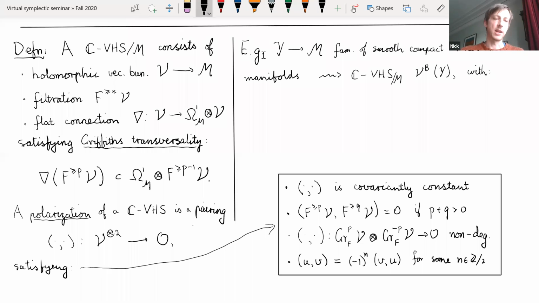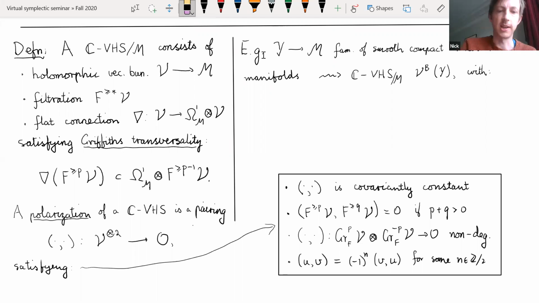All right, and I also want to introduce the notion of a polarization of one of these structures. So that's a pairing satisfying these conditions here. But I don't want you to get too wrapped up in thinking about these conditions.